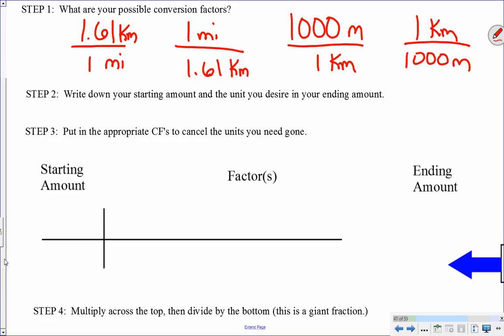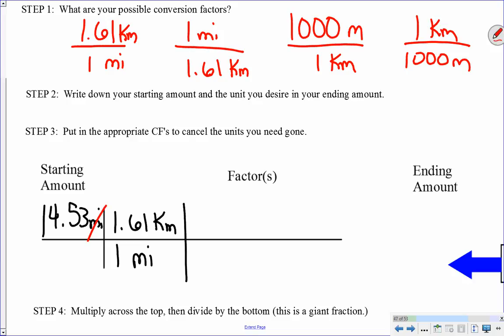My starting amount is going to be my 14.53 miles. In order to get miles to go away, I'm going to put my mile on the bottom, and that turns into 1.61 kilometers. I need my kilometers to go away, so I'm going to put my 1 kilometer on the bottom and my 1,000 meters on top.